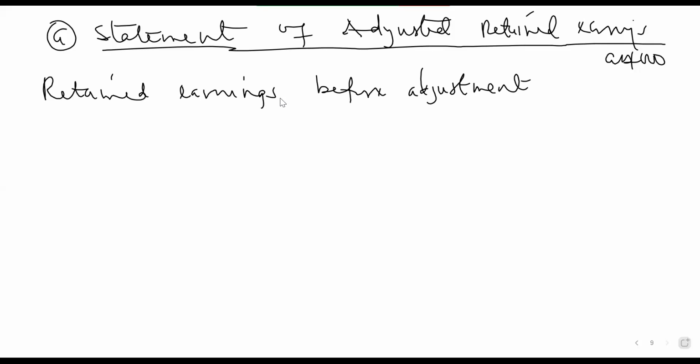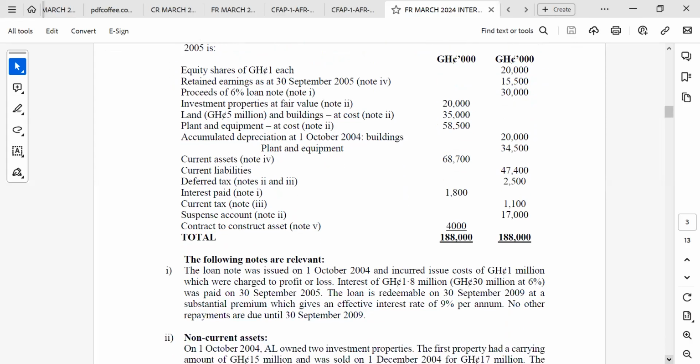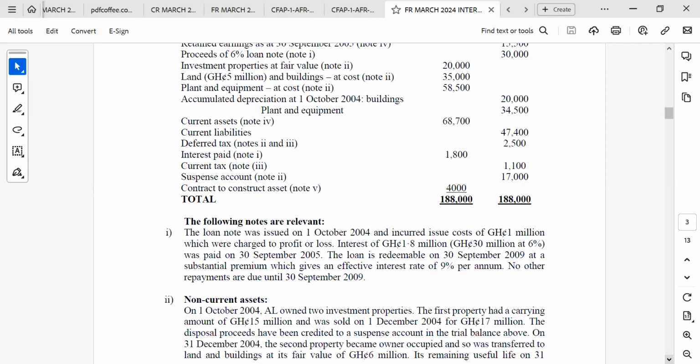It's 15,500. Okay, 15,500. Then you now take the footnote one by one to adjust. Okay, let's take the first one.